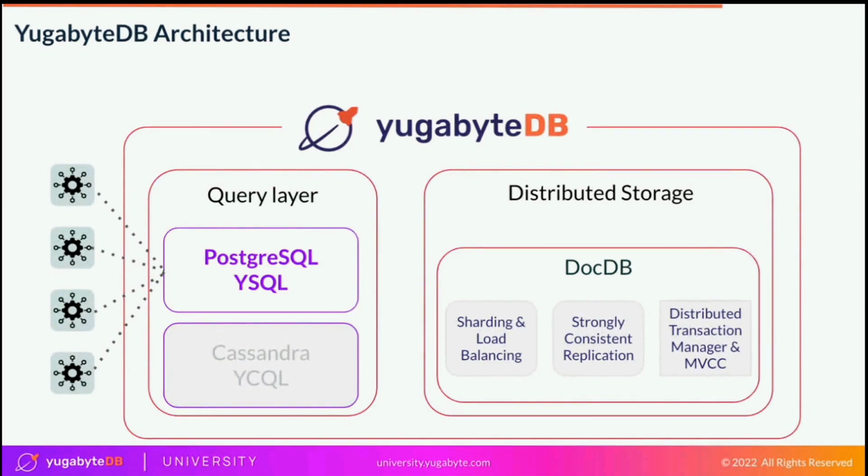And in terms of distributed storage, that's the other part of the architecture. The way we store data is in a customized version of RocksDB, which we refer to holistically as DocDB.